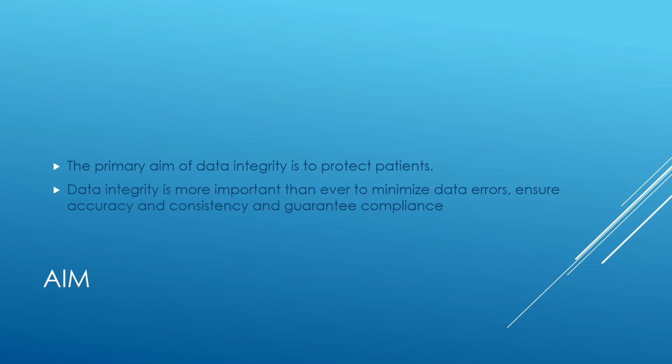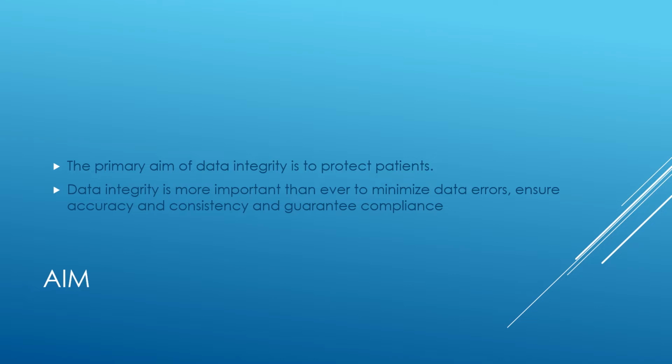So data integrity is linked with patients. Whatever we do in the pharma industry is directly linked with the patient. As we are dealing with the patient's life, data integrity is so important that we need to maintain all the consistency and there shouldn't be any errors.